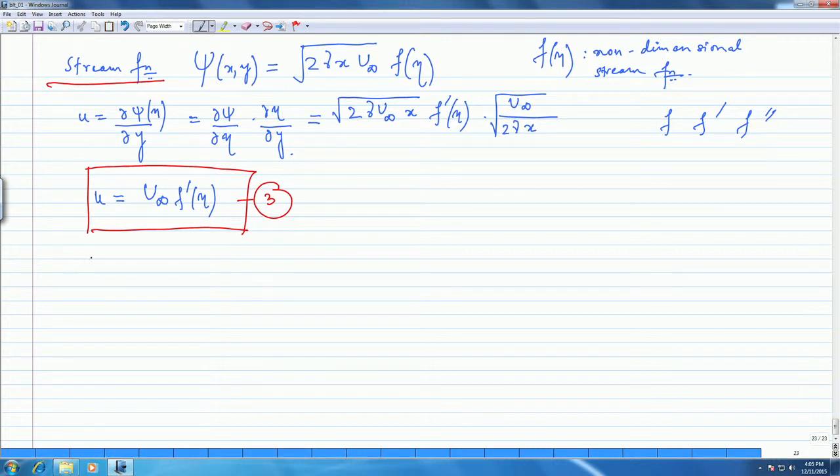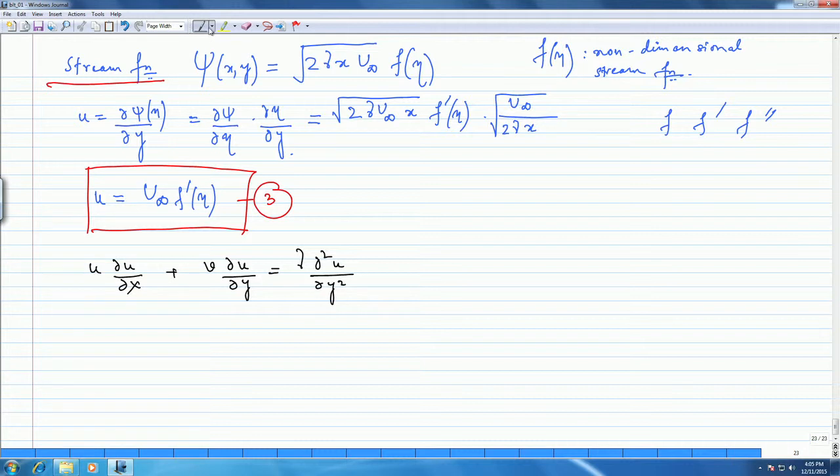Let us look at the first equation, which is u del u del x plus v del u del y is equal to nu del 2u del y2.